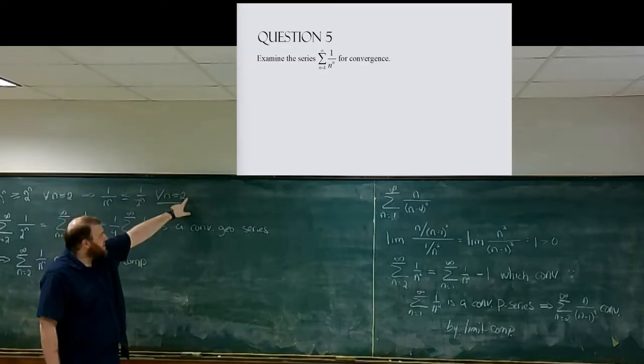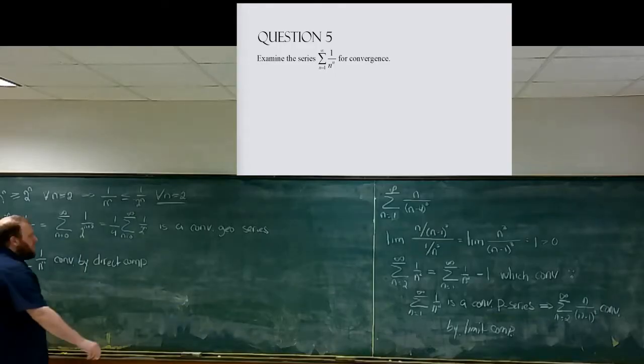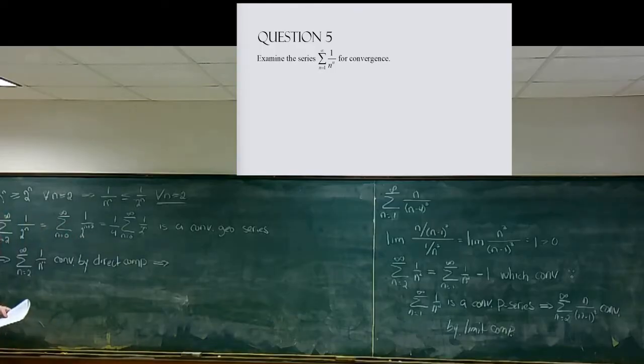Because this had to start at 2, this has to start at 2, and this had to start at 2. But since I know this converges, if I add something to this, it's going to converge, right?